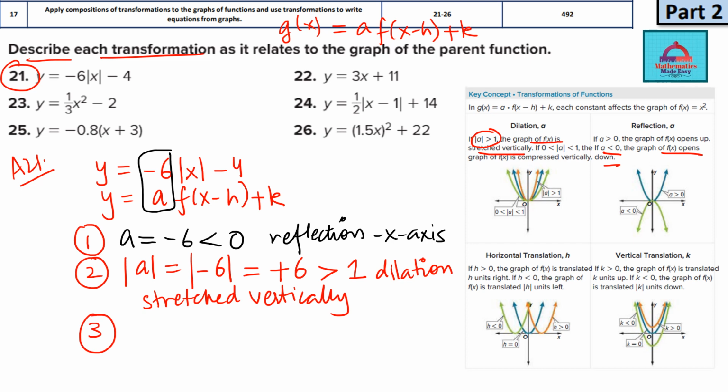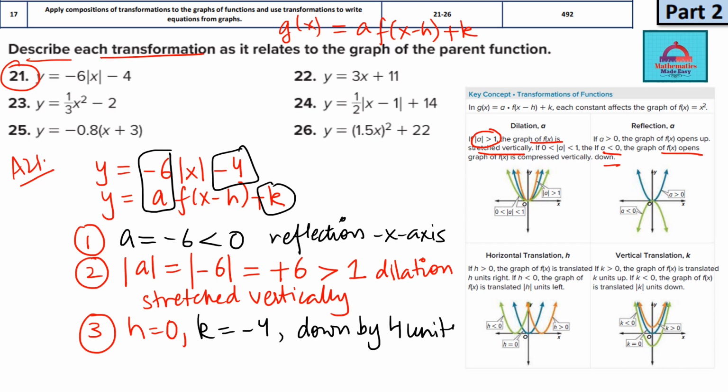Okay. Let's come to the next one. Now here the value of h is 0, and if you compare, the value of k is going to be negative 4. So if k is negative, this is a vertical translation, the graph is going to go down by 4 units. So here, we have completed the question.